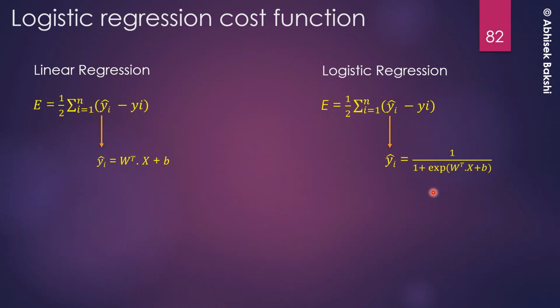That layer is the logistic function layer, right? Now there is a problem we will face when we apply this logistic function layer over the linear equation, that is w transpose x plus b. What problem will we face? The problem is that this is a non-convex function.